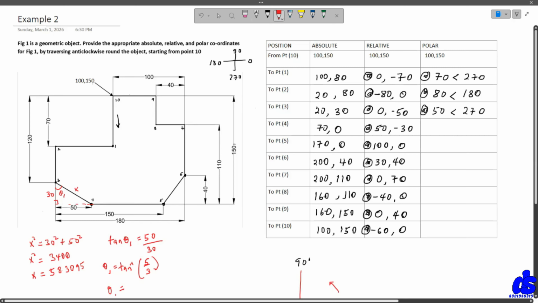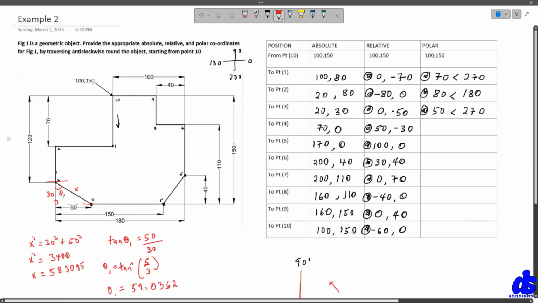So our theta 1 is going to be 59.036. But mind you, let me complete this.